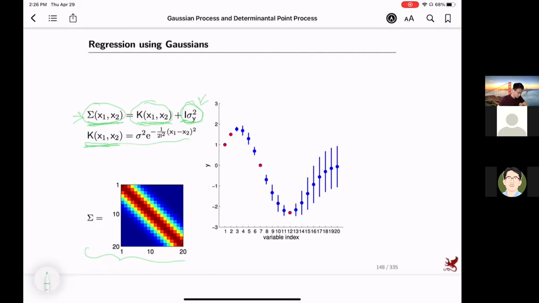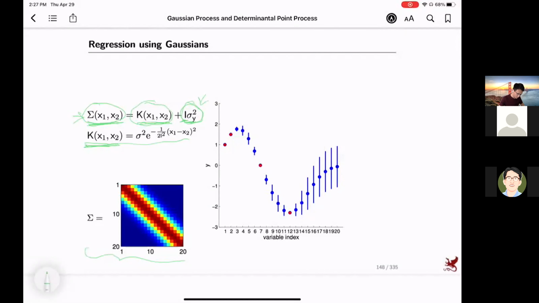I see. So it's on the diagonal that we have the sigma y squared term. Yeah, and the other terms are Gaussian distribution, normal distribution. And it depends on the distance. What's the distance here? What are x1 and x2? x1 and x2 are two input data points.